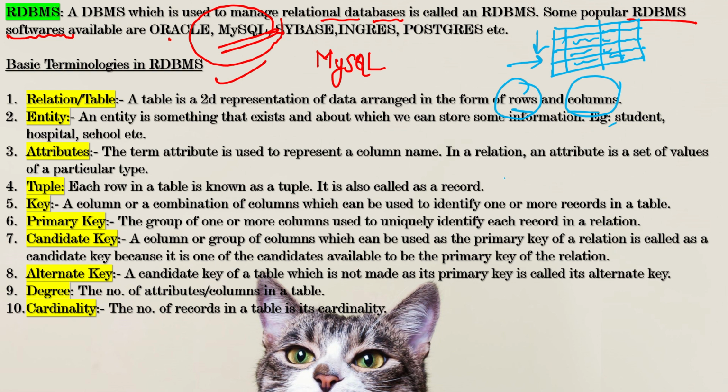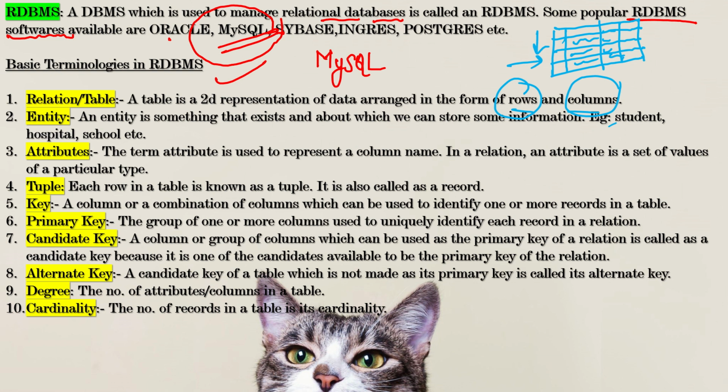So, for example, if I take student, under student I can store student name, student roll number, student GR number, student marks, remarks, everything I can store. So, the entity here is student, and under that I can store some information, as I said before, roll number, GR number, all those numbers. So, that is what an entity is.